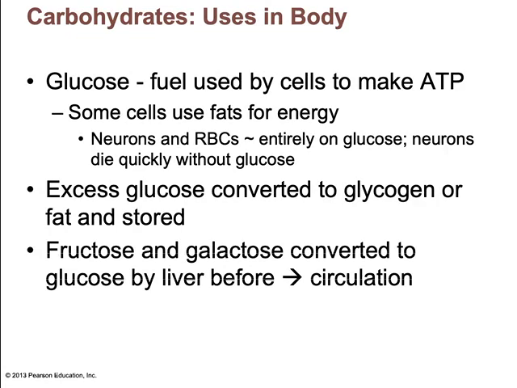Other uses for carbohydrates, other than using it as fuel to drive ATP production, include the use of carbohydrates as backbones for nucleic acids like DNA and RNA. It's one of the building blocks of nucleotides like ATP.